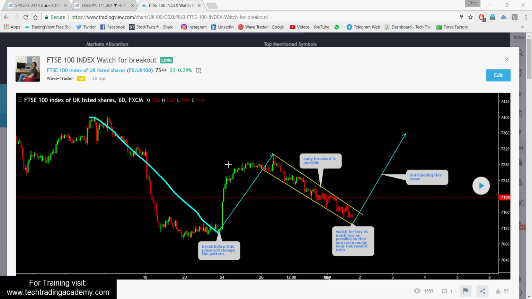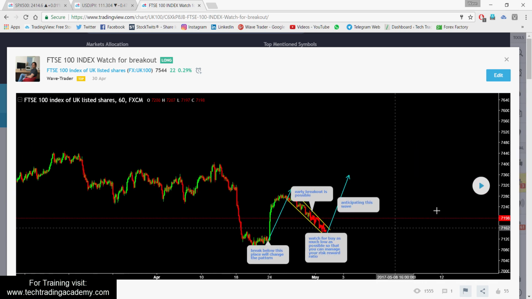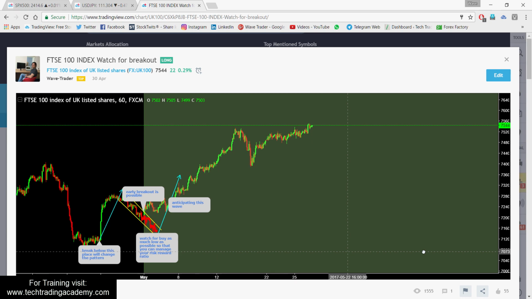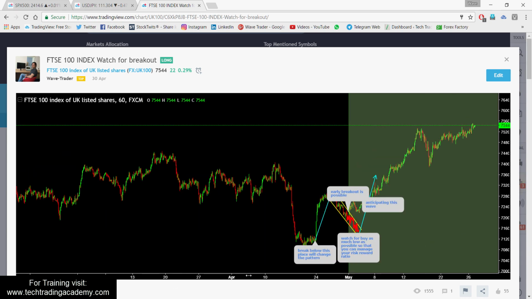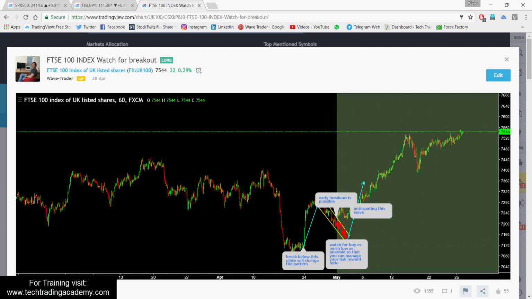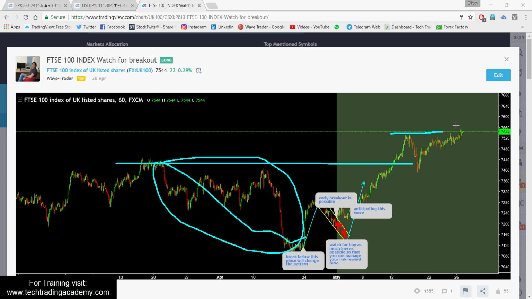We were looking for a buy impulse. So that was the opportunity on the UK 100 index. We always look for buy when they pull back, when they retrace. You can see it is now breaking the high and going beyond that. This was an opportunity when it was pulling back.